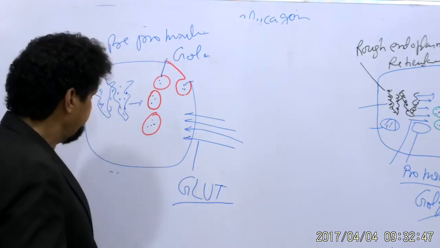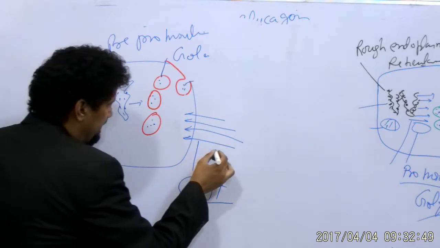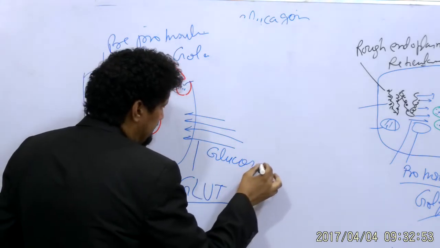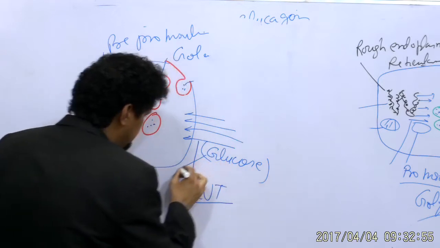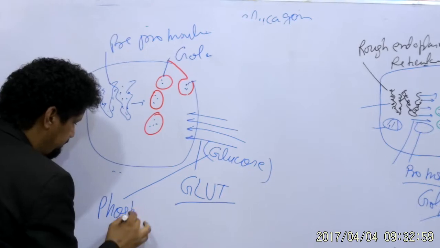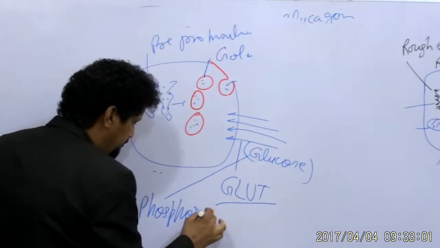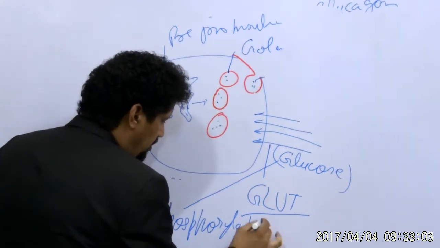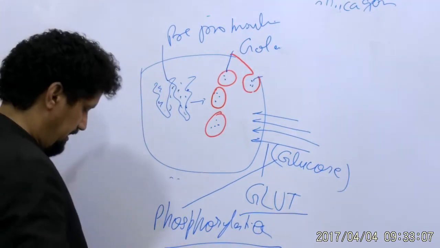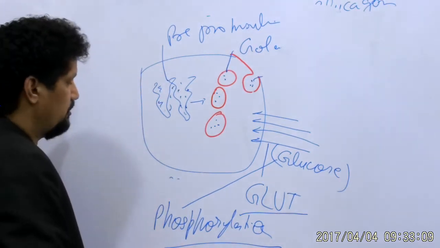By diffusion, when the glucose is entering inside, there is phosphorylation, or activation, of this glucose molecule by forming glucose 6 phosphate.